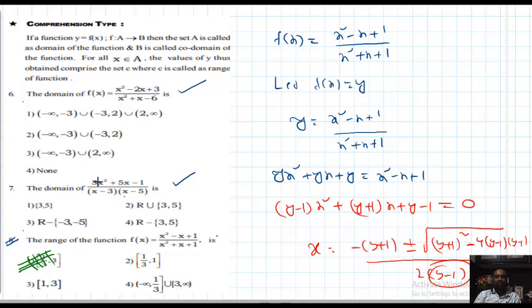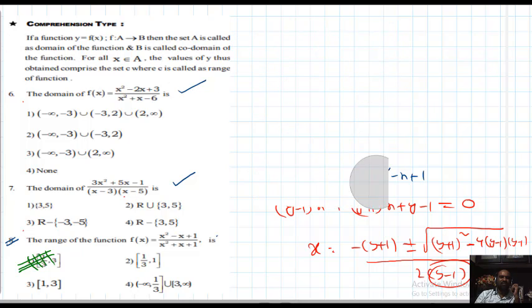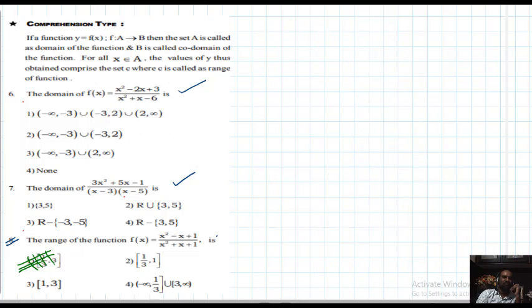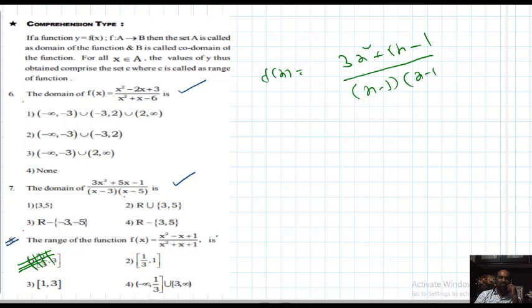For domain only, you can find it directly. Factorize the numerator, and the denominator is already factorized. Okay students, or you want, I can explain the 7th one also here only. f of x equals (3x² plus 5x minus 1) divided by (x minus 3)(x minus 5).